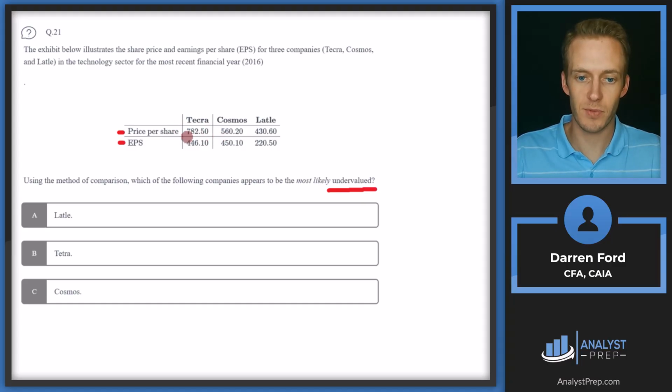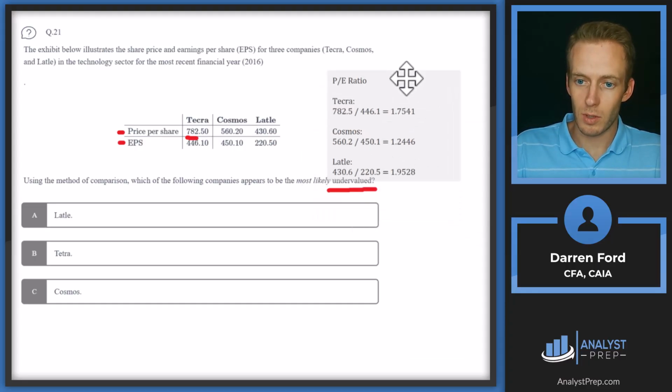So for Tecra, 782.50 divided by 446.1, and that'll give us our PE ratio. Then we'll do that for Cosmos and Lotley. The most undervalued is going to be the stock with the smallest ratio.